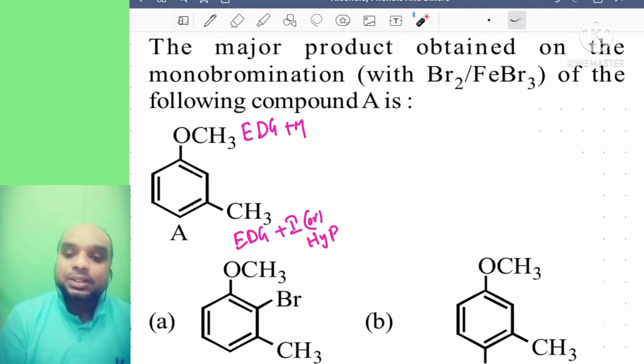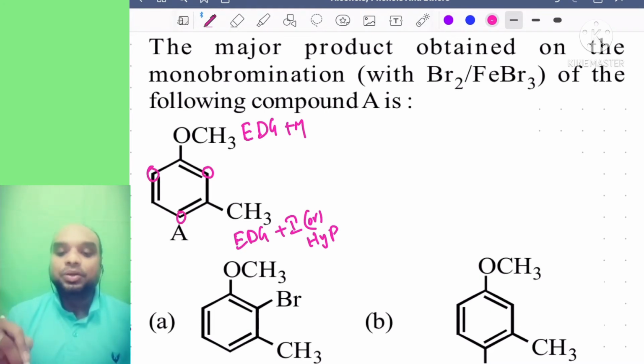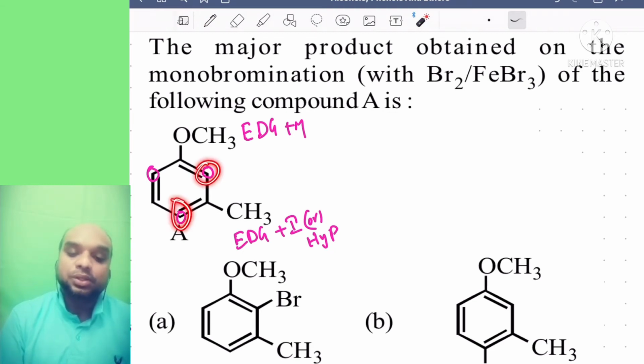So this will affect the ortho and para positions. The methoxy group gives electrons to the ortho and para positions, and the methyl group also gives electrons to the ortho and para positions. For both groups, the ortho and para positions are the same.